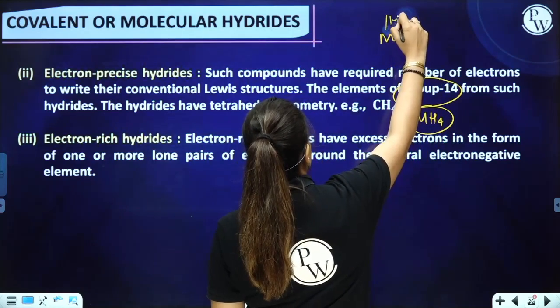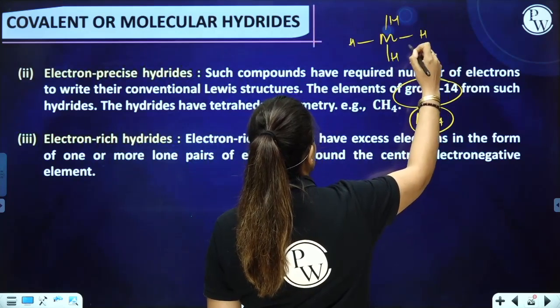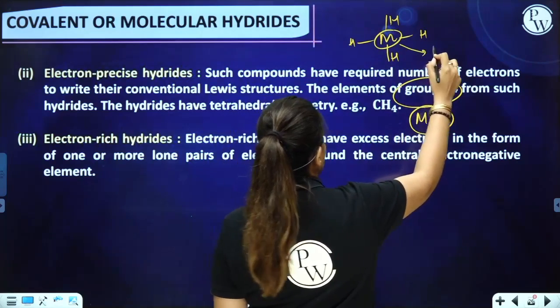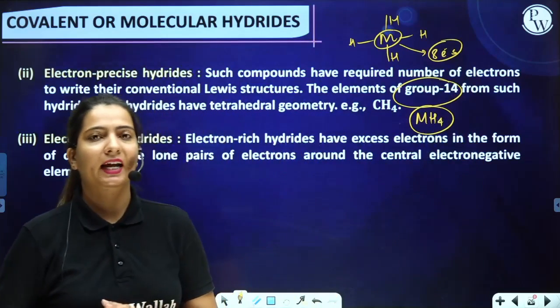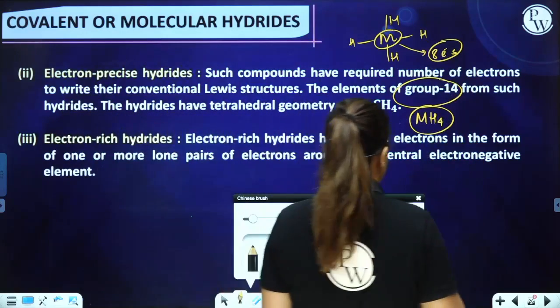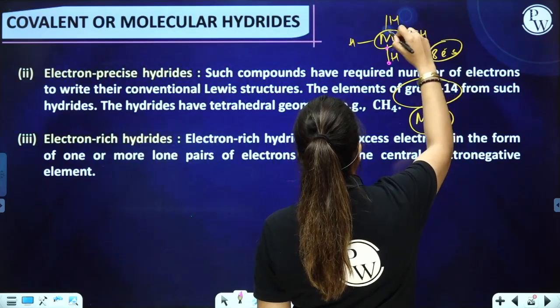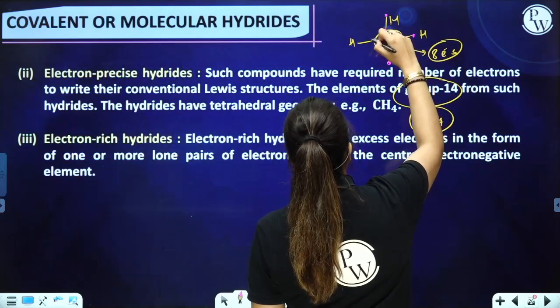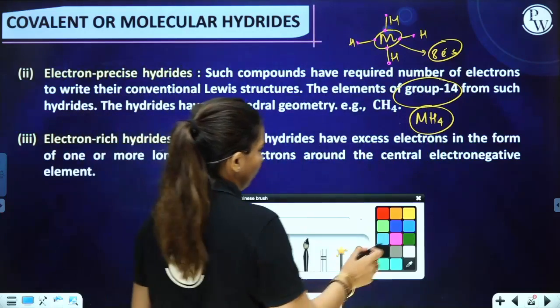You can simply see the structure of MH4 will be like this. There will be 8 electrons surrounding M. If you want, I can draw the 8 electrons surrounding M.